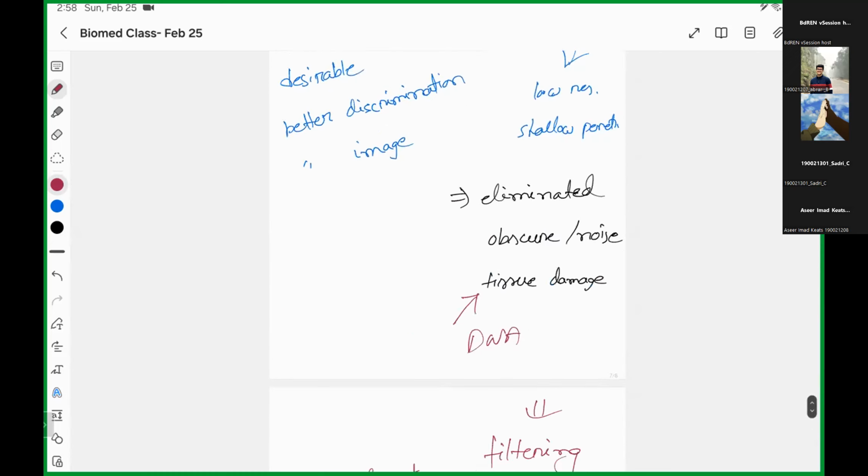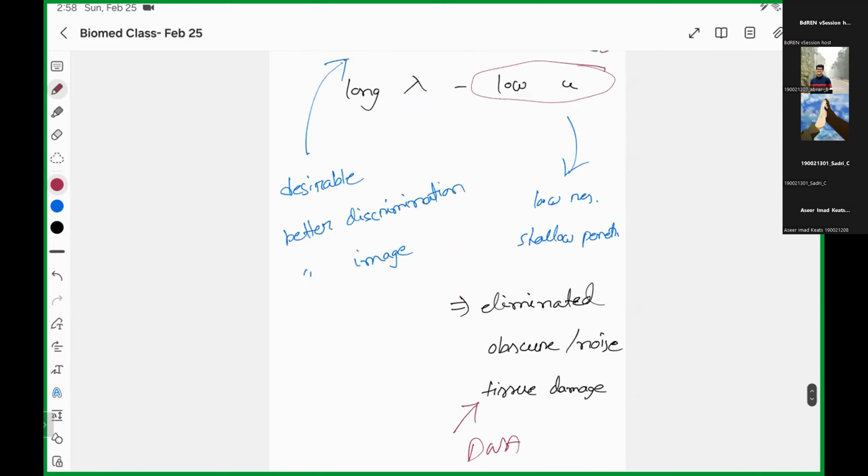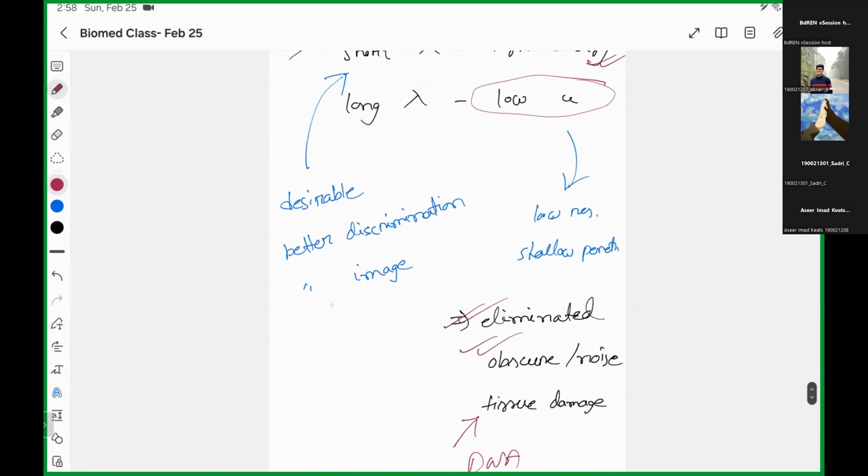So you place some thin aluminium plates between your radiation source and your body, so that the low energy radiation is absorbed by the aluminium plates. It will reduce this effect and eliminate the low energy, and you will get only the high energy and a better quality image. Okay, any question?